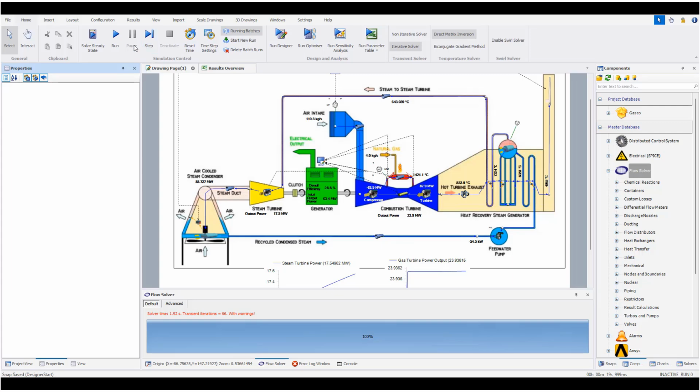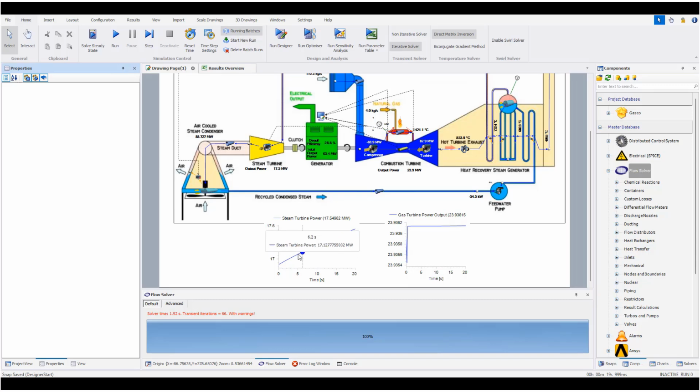After that we are ready to move on to the transient analysis here. We did the transient analysis here, and we see in these two graphs the output power for the steam generation and for the gas generation.